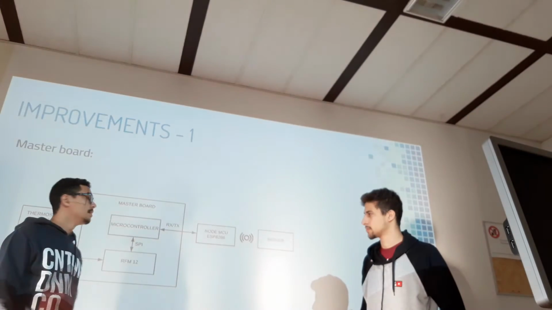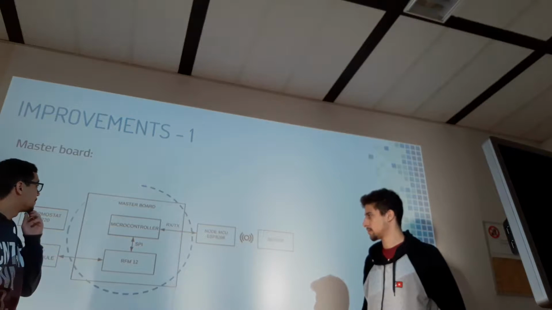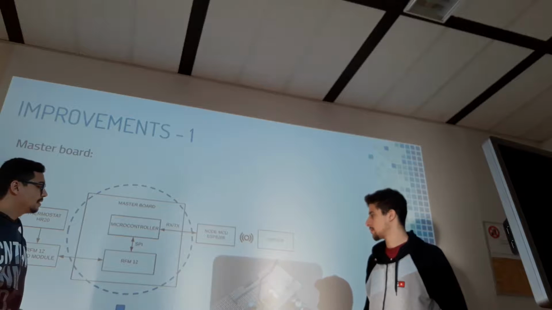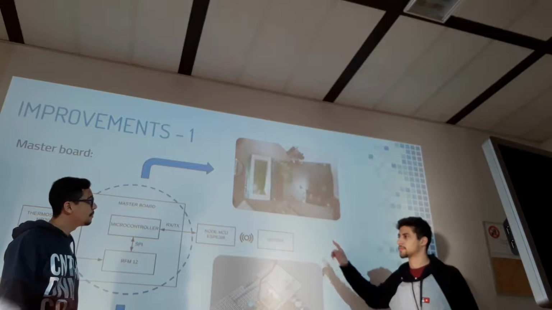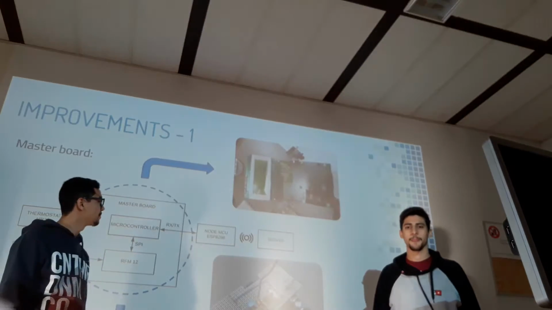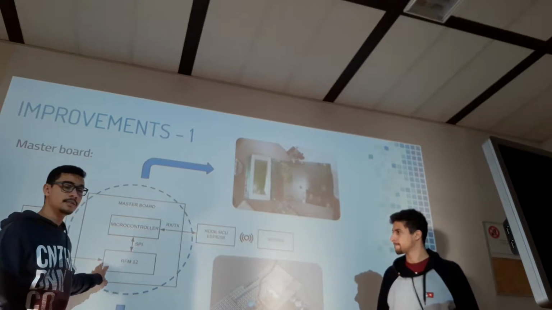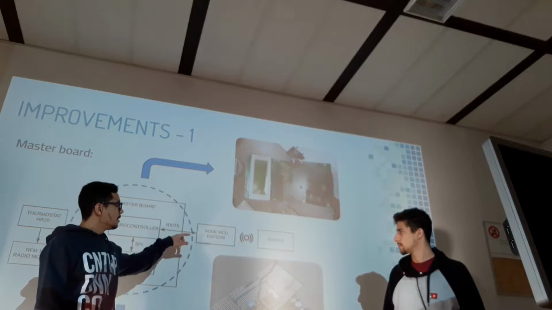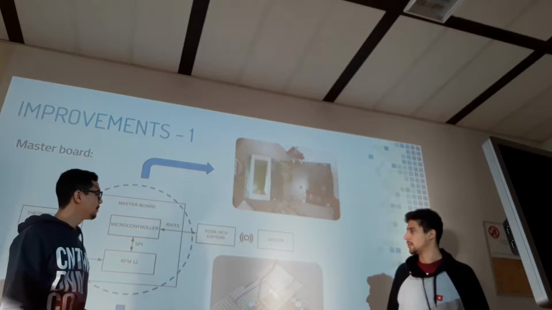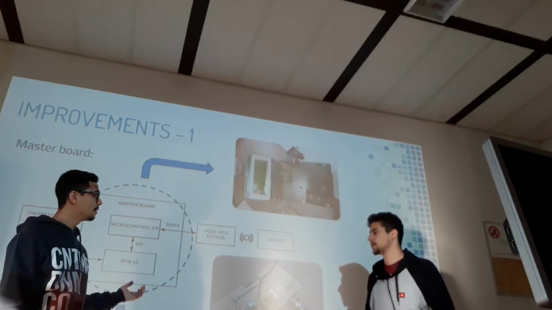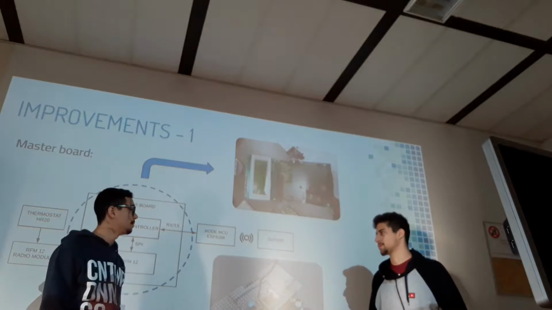This master board can be represented either by an Arduino Uno or an ATmega 128, which has the function of sending the information to the NodeMCU, the Wi-Fi module, and then the Wi-Fi module will post the information online.